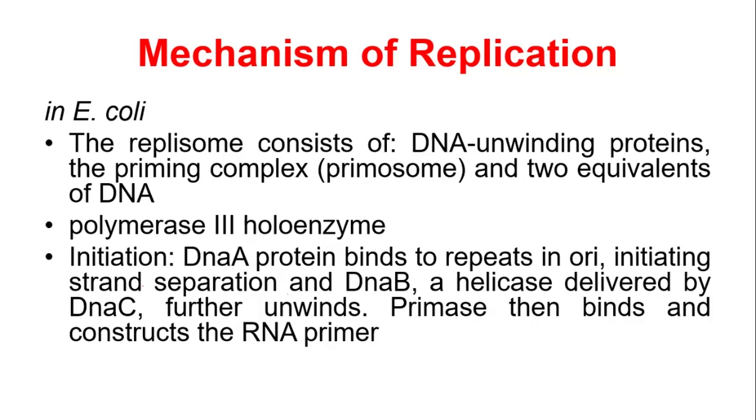Then the initiation: the DnaA protein binds to the repeats in the origin of replication to initiate this particular process, and the helicase delivered by DnaC further unwinds, and then primase binds and constructs the RNA primer. Remember, we said that for the process to actually start, we need an RNA primer. The RNA primer is actually formed by the RNA primase.